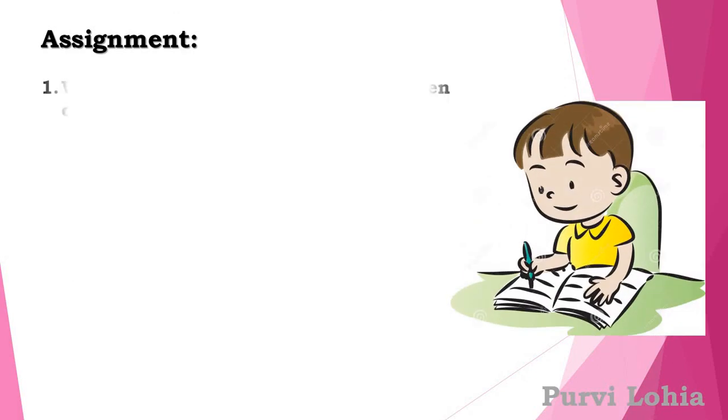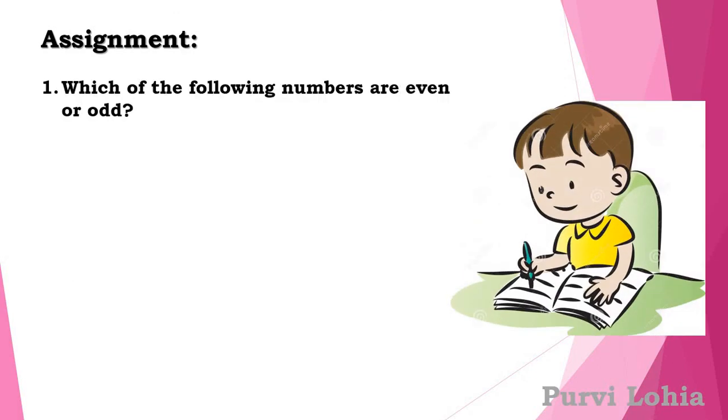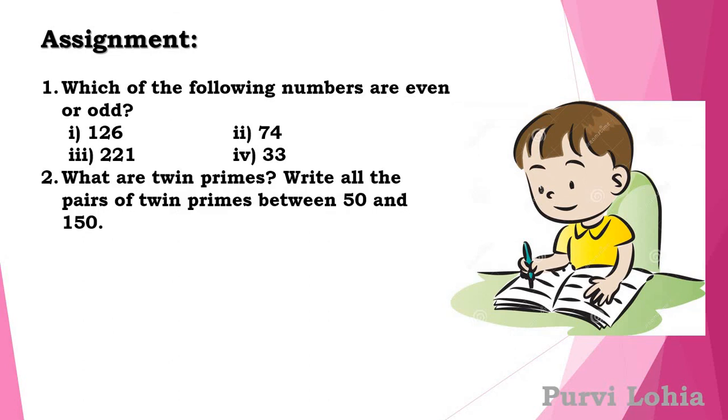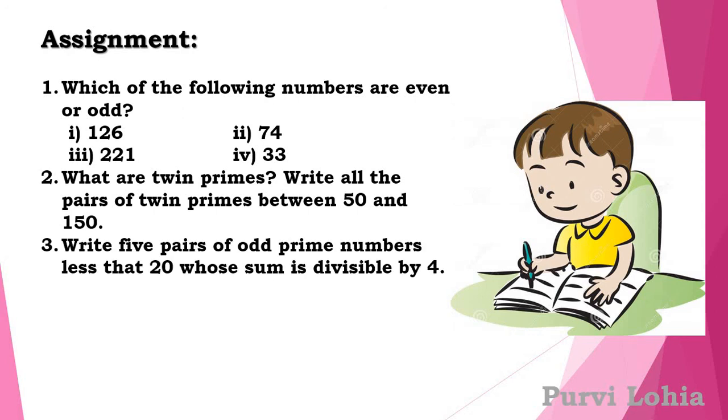Okay, assignment. First question, which of the following numbers are even or odd? 126, 74, 221, 33. Second question, what are twin primes? Write all the pairs of twin primes between 50 and 150. Write 5 pairs of odd prime numbers less than 20 whose sum is divisible by 4.